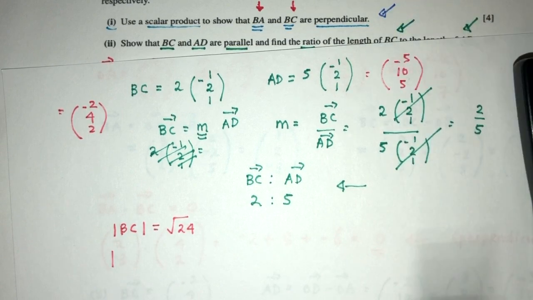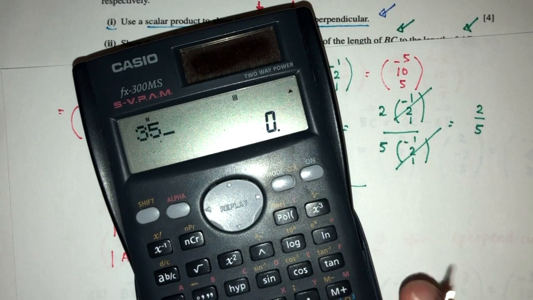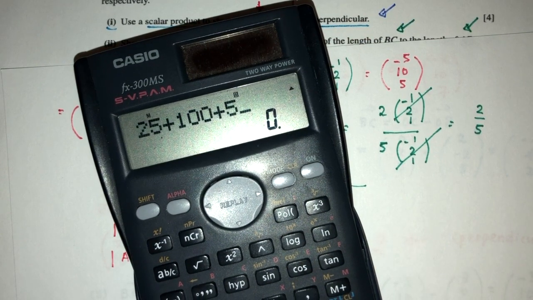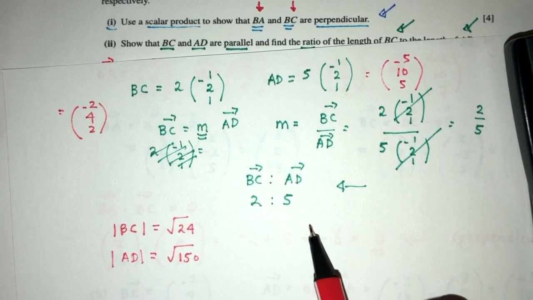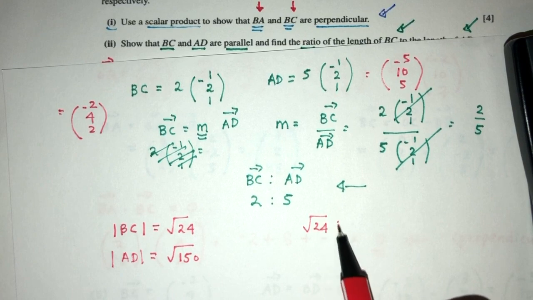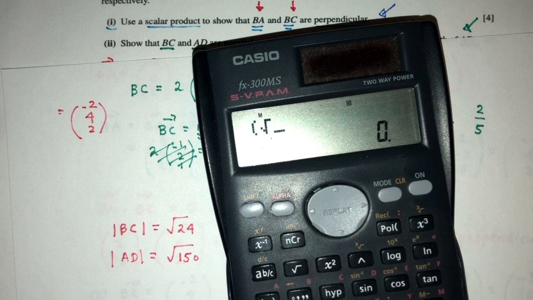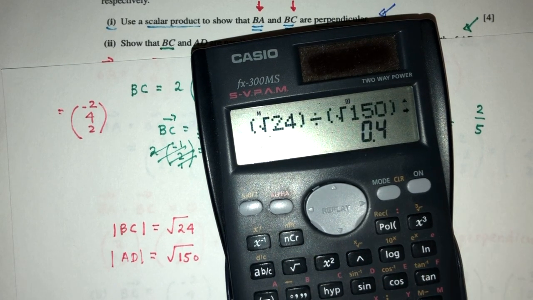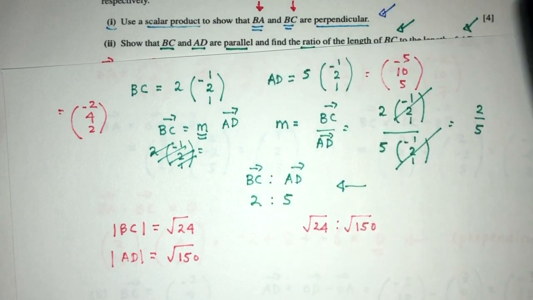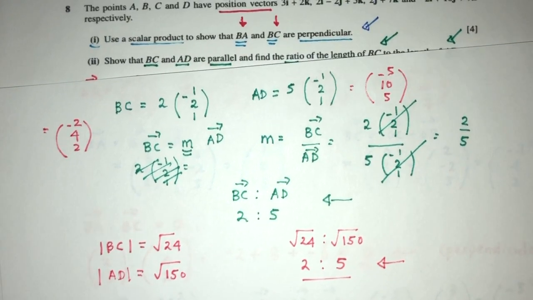The length of AD will be the root of 25 plus 100 plus 25, which should be root of 150. So the ratio of BC, root of 24, against root of 150. Root of 24 divided by root of 150 will be, bam, 0.4, which is 2 over 5. So 2 over 5 is the ratio of the length of BC and AD. And that will be your question in regards to vectors.